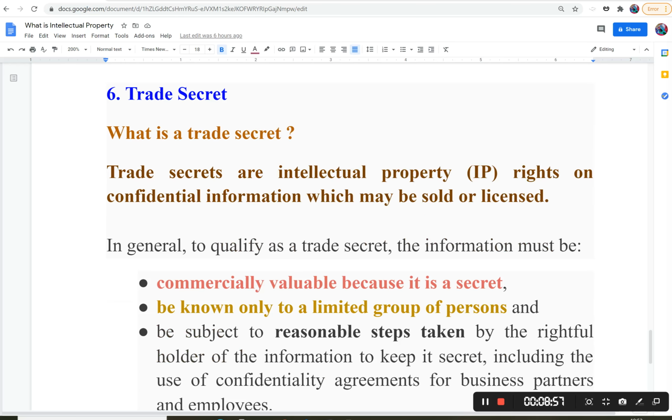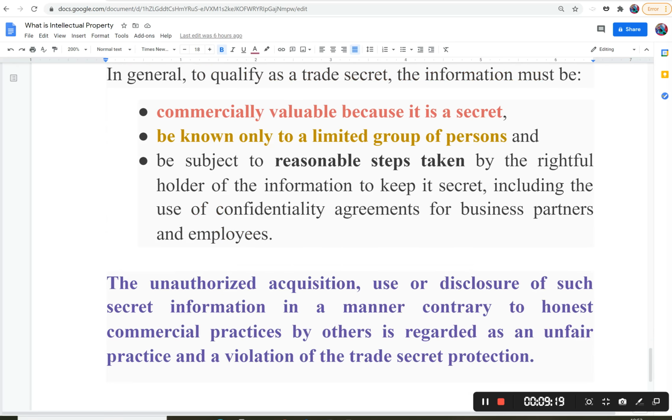To be eligible as a trade secret, the information must be commercially valuable, in the sense that it should be possible to commercialize it and create wealth and prosperity, and it must be known only to a limited group of persons.